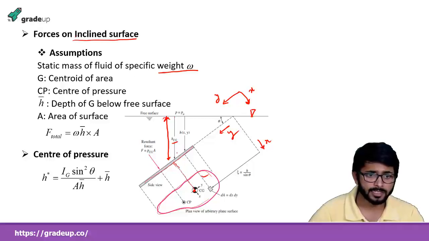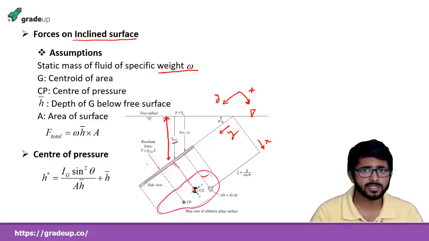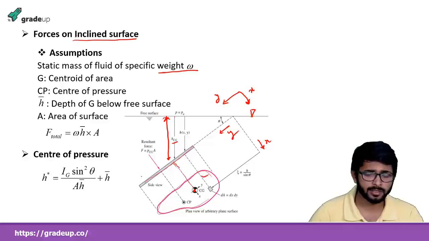If we have to find the total force acting on the inclined surface, we know that the hydrostatic force is always perpendicular to the boundary, perpendicular to the surface, if we are talking about fluid at rest. So the fluid is at rest in this condition, and the pressure applied on this surface will be in the normal direction.